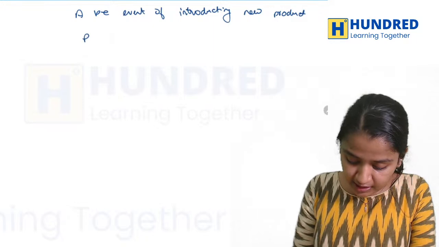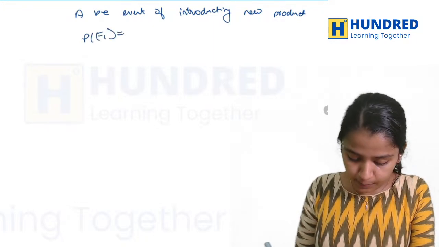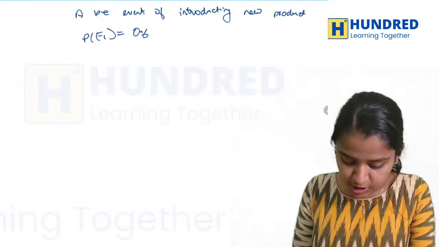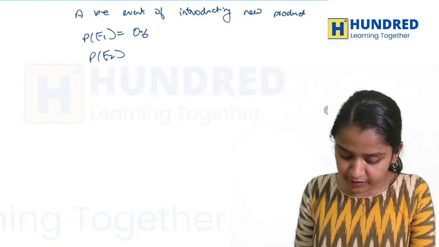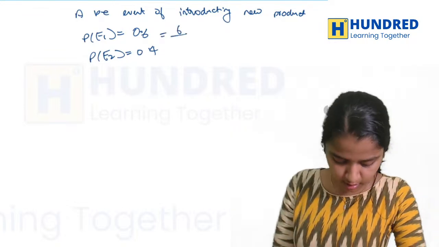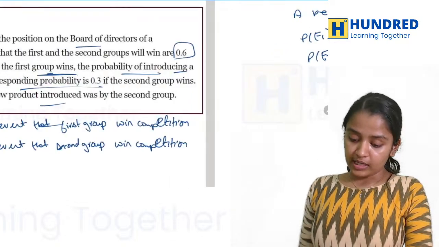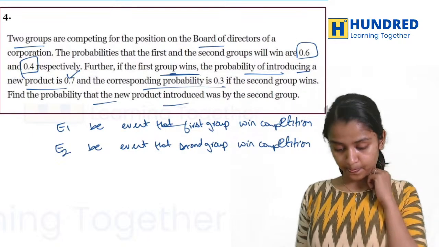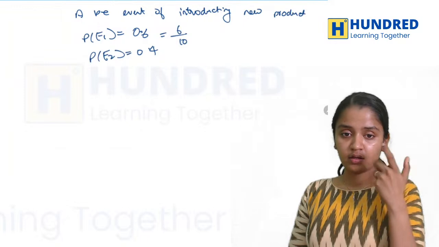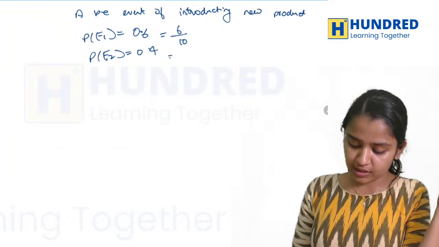So basically, for E1, the probability of the first group winning is 0.6, the second group winning is 0.4, which is given to us, nothing but 6 by 10 and 4 by 10.